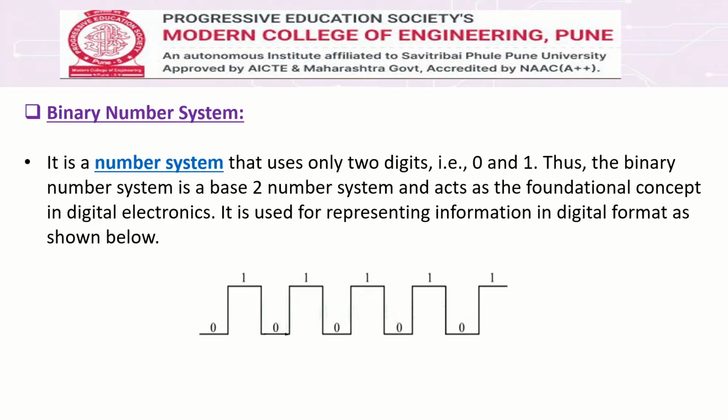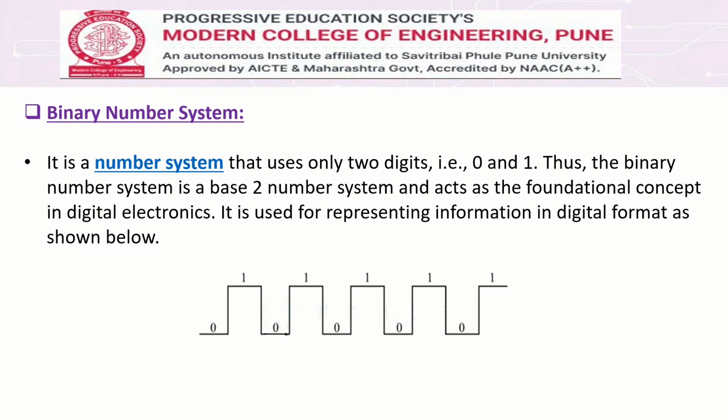The number system whose base is 2 acts as the foundational concept in digital electronics. It is also used for representing information in digital format, as shown. This is a simple example I have given here, which consists of 0 and 1 only. The data is 0 1 0 1 0 1. It can be 0 0 1 1 and so on.